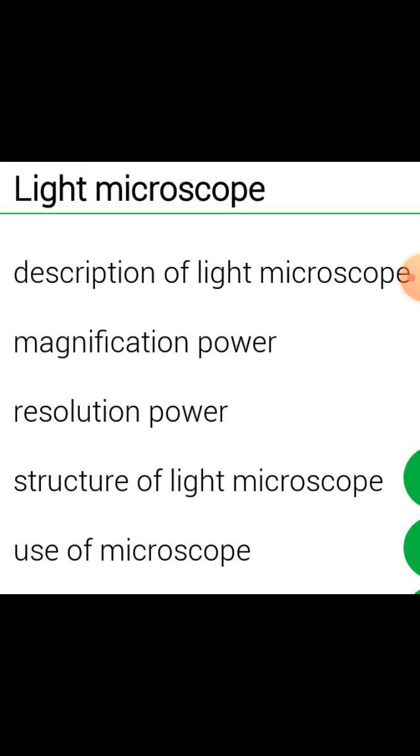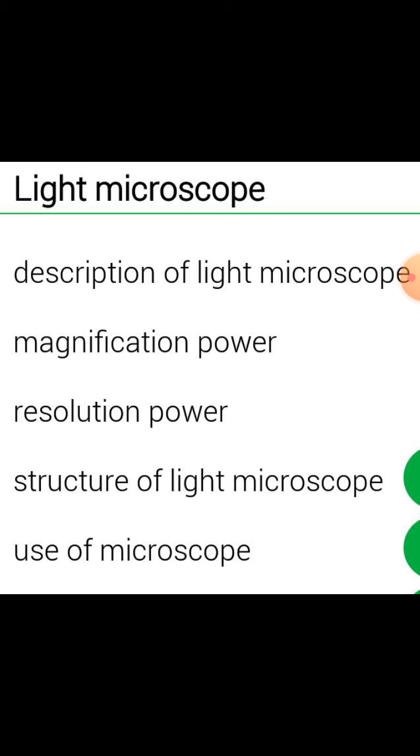The object that is seen, the small object that is seen larger in the microscope, is called the specimen. The specimen is normally placed close to the microscope lenses, so we can see it large in size.